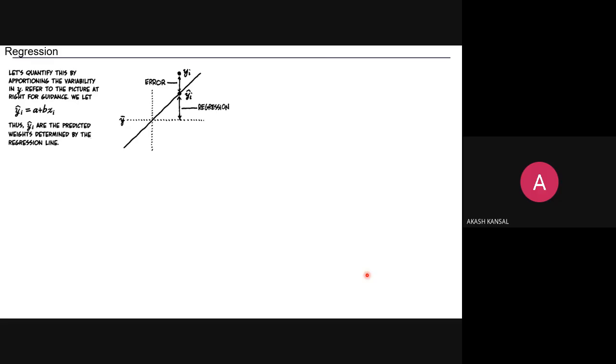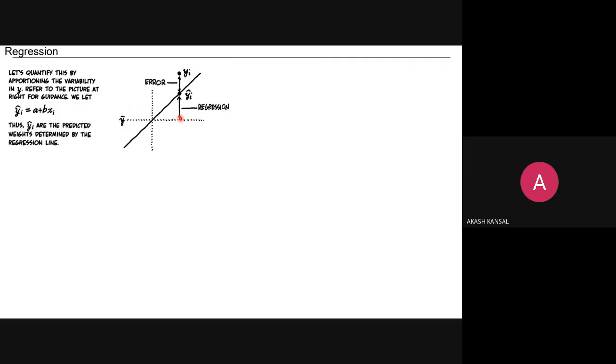Now, let's quantify the variability in y. Once we have predicted y based on the values of xi, let's say I have predicted some yi cap, then I need to explain the variability in y. Let's say these are your regression lines, and these are your mean lines, y bar.